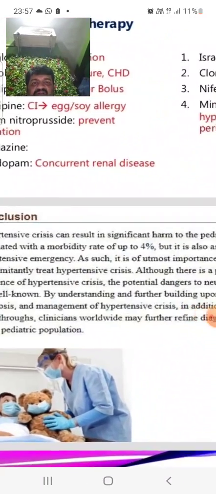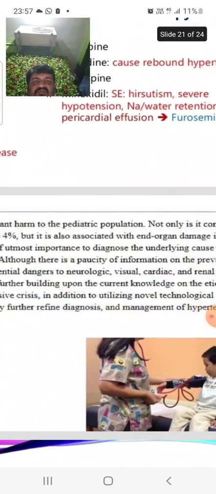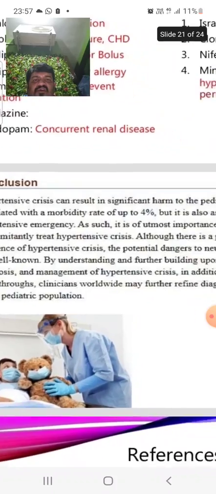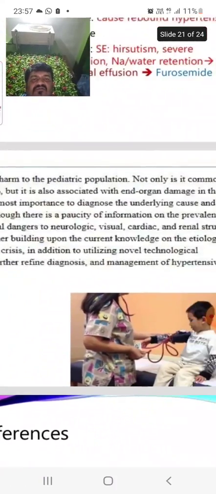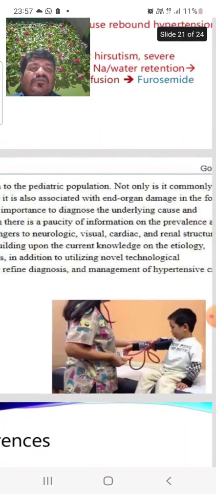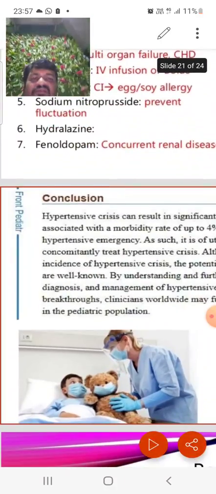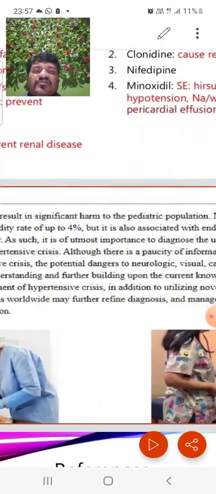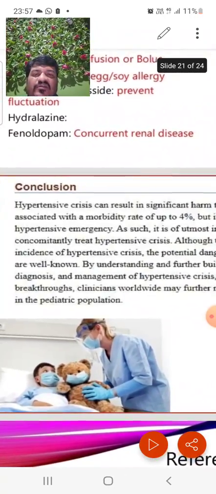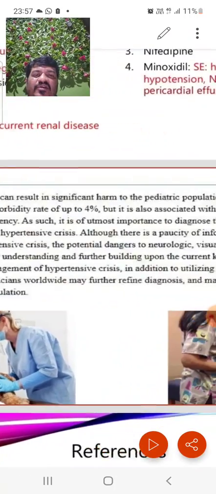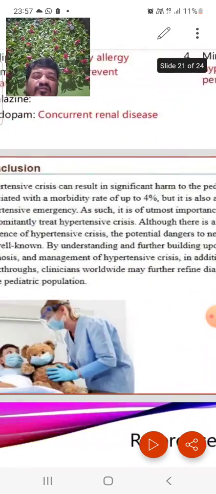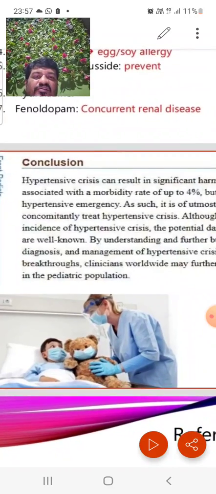Hypertensive crisis can result in significant harm to the pediatric population, not only as it is commonly associated with a morbidity rate of up to 4%, but is also associated with end organ damage in patients with hypertensive emergency. It is of utmost importance to diagnose the underlying causes and concomitantly treat the hypertensive crisis, although there can be a paucity of information on the prevalence and incidence of hypertensive crisis.